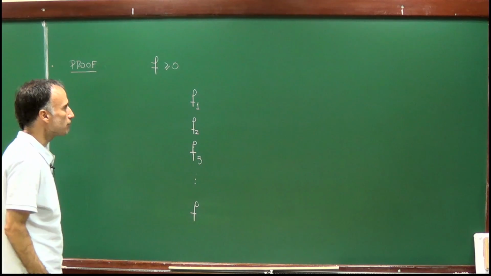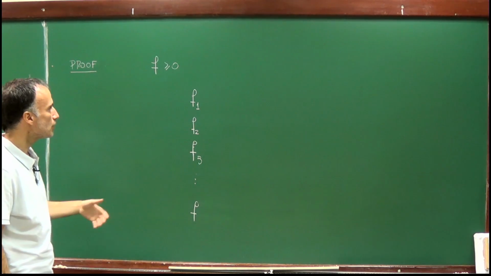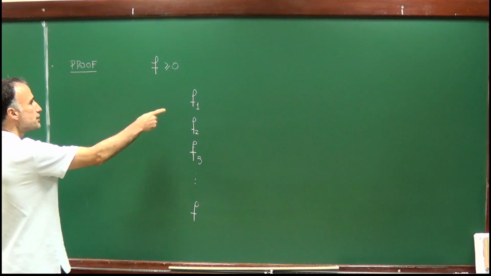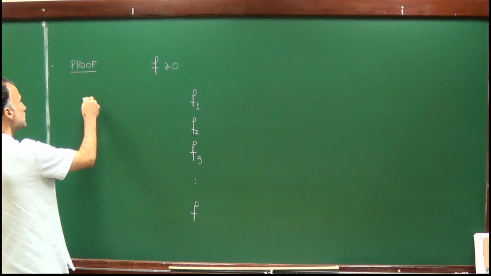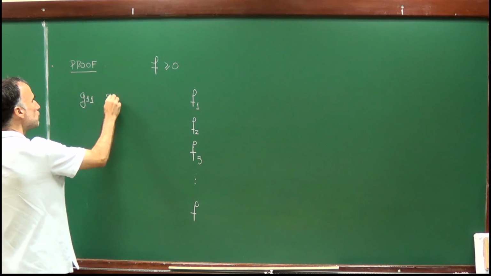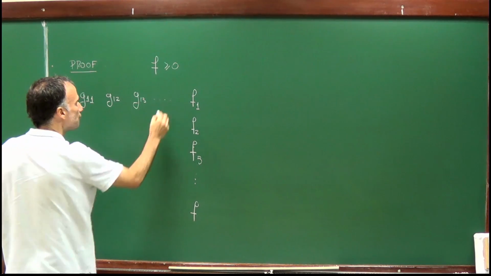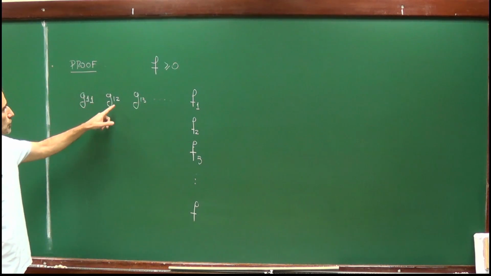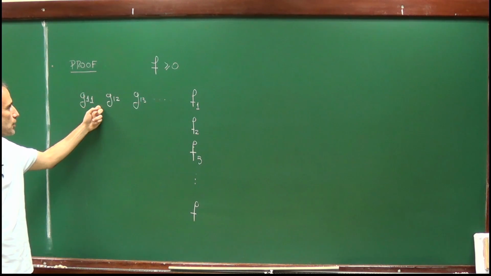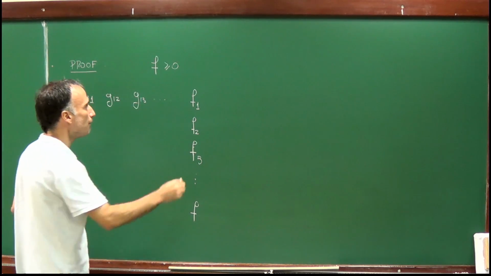f1 is a non-negative function, so its integral is given as the limit of the integrals of simple functions which are increasing to f1. So let me represent these simple functions by g11, g12, g13, and so on. So g1n are simple functions which are non-negative and which are increasing to f1.